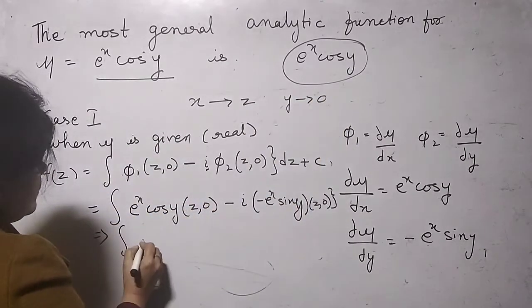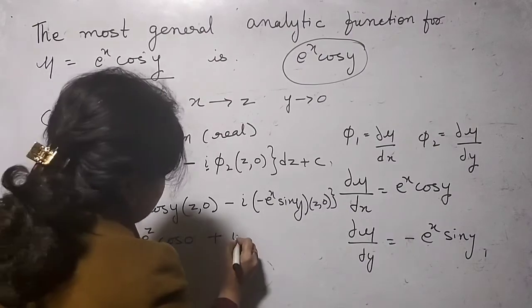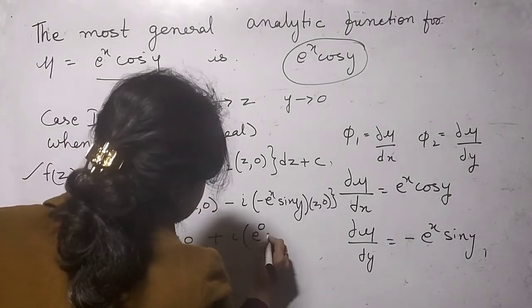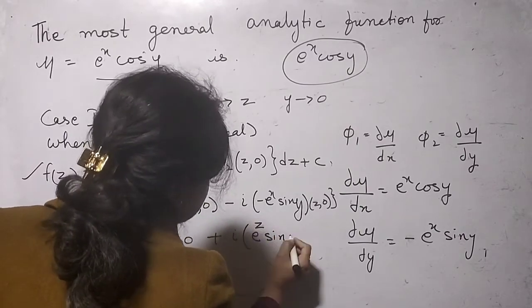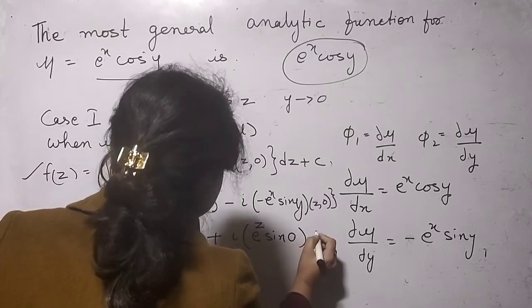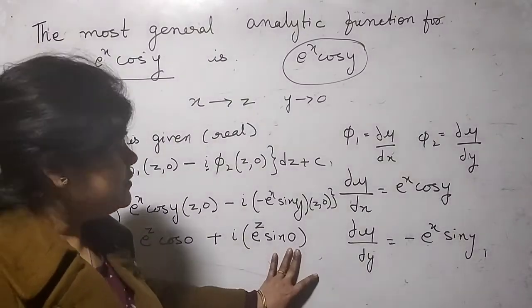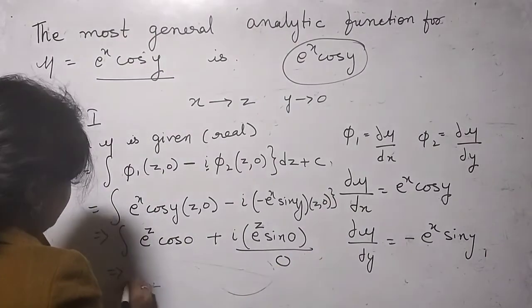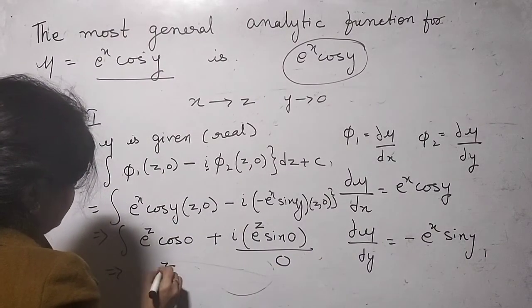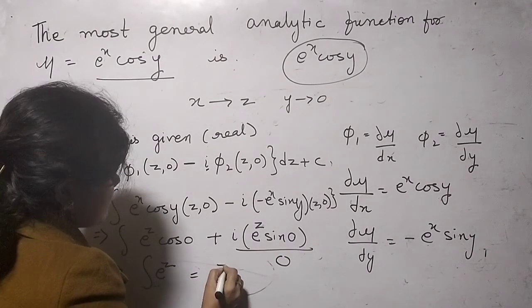So we get e^z cos 0 plus i e^z sin 0. Clear? Now the value of cos 0 is 1 and sin 0 is 0. So ultimately the imaginary part becomes 0, and we are left with the integration of e^z. Now when we integrate, we get simply the answer e^z.